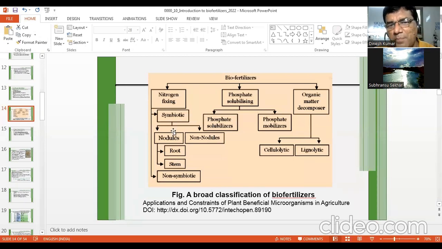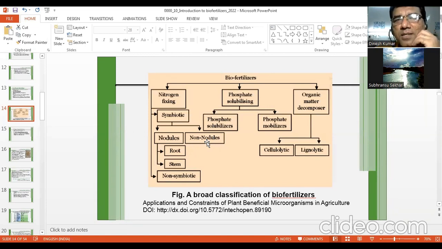Can anyone give an example where a symbiotic relationship is there, but there are no nodules? Can anyone give me an example where the association is symbiotic, but there is no formation of nodules and they are nitrogen fixers? Sir, Azolla. Exactly.